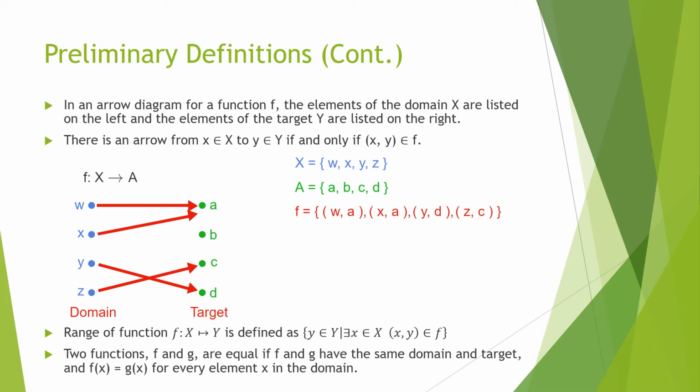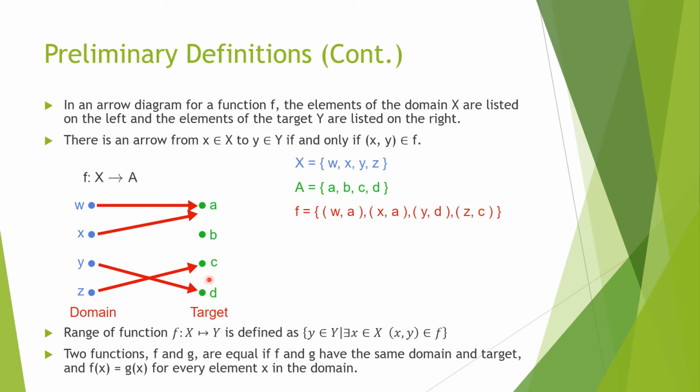So in this example, a, which is an element of target, is also an element of range because, for example, w is mapped to it. B is an element of target, but it's not an element of range because none of the elements in the domain are mapping to b.